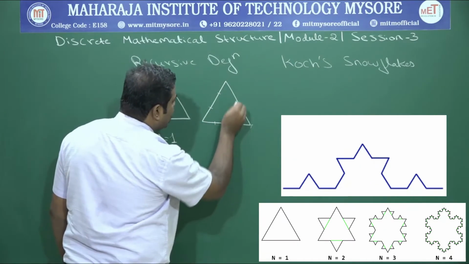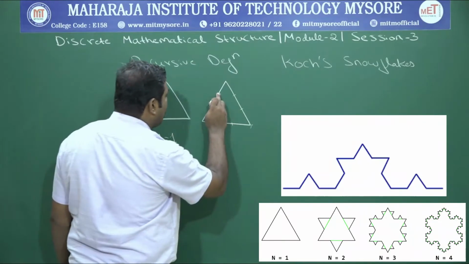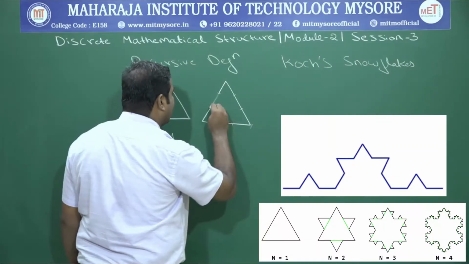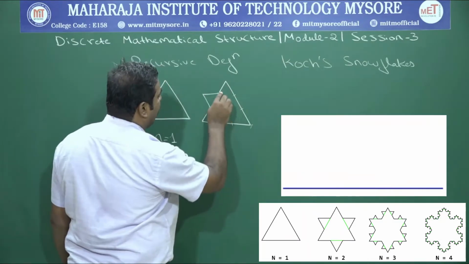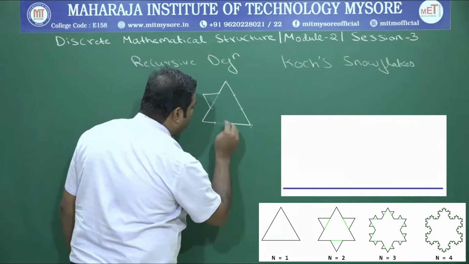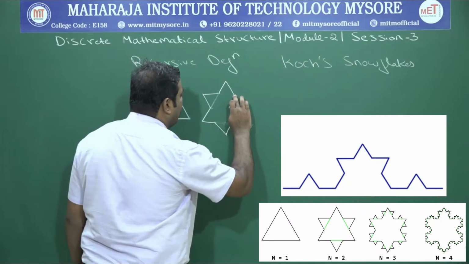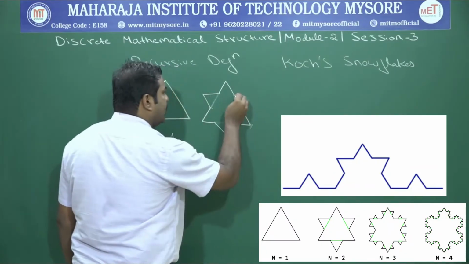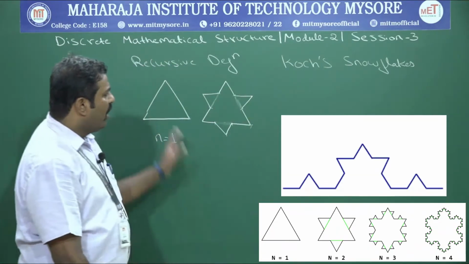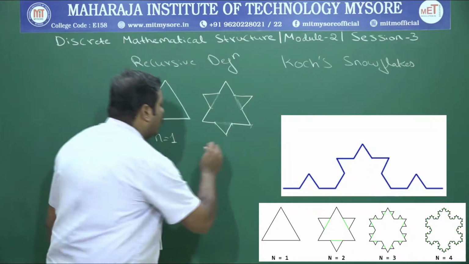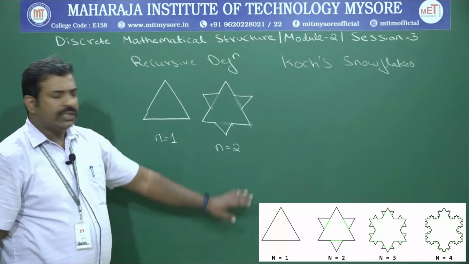Once this is done, I take the middle segment and create a triangle over it. Similarly, I take up this line segment and create a triangle here, and similarly this one, with the same length, I create a triangle over here. This is what I do when n equals 2.